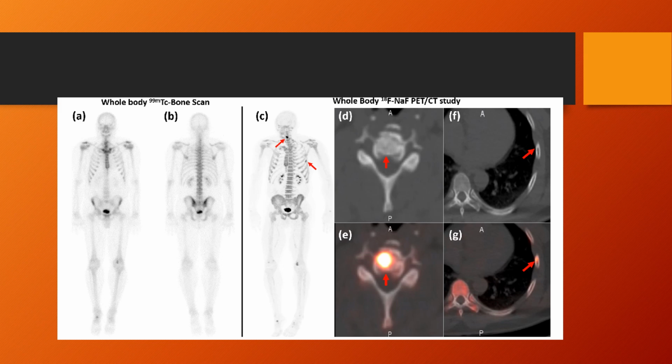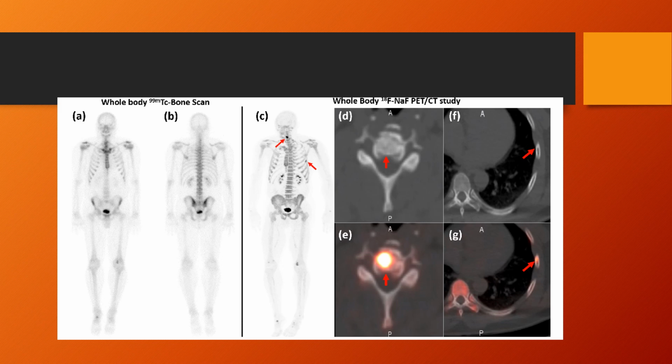F and G are the axial CT images of the thorax, showing abnormally increased sodium fluoride activity at the lateral left rib. And this is corresponding to a hardly seen lesion on CT, highlighting the capability of the modality to target early stage metastatic lesions. This would probably have been missed on CT and MDP if it was just used as an MDP scan and then CT.